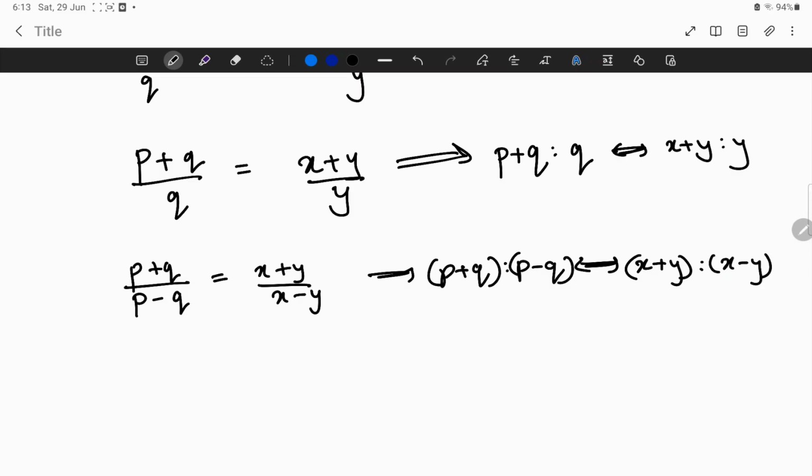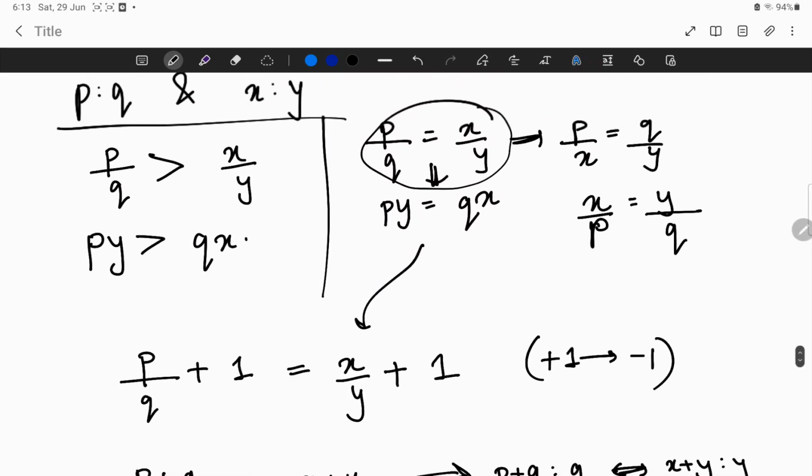So I think now we can summarize that a ratio is essentially an expression used to compare the quantity of two things of the same kind. And yeah, we can now move on to the questions.